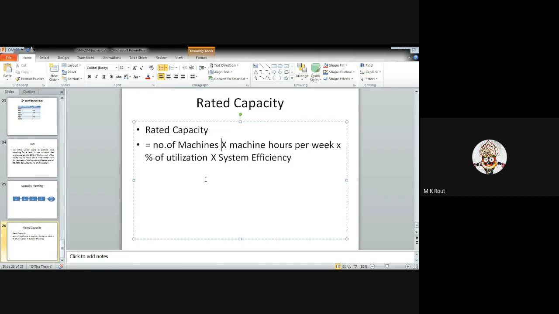If the machines are utilized 80% of the time, at a system efficiency of 90%, full stop. What is the rated output?